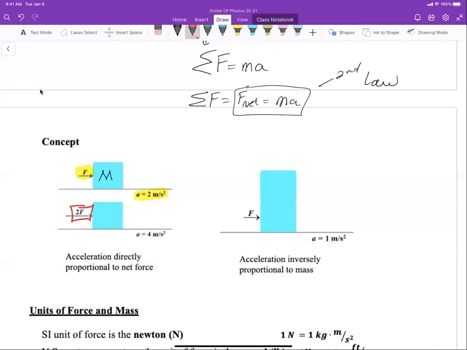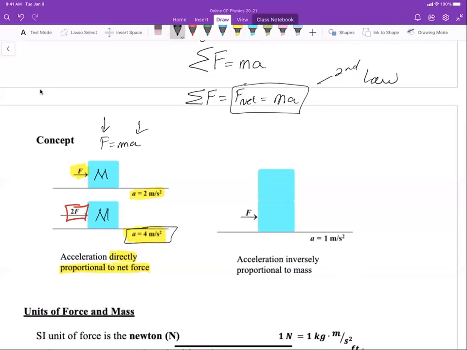Well, if the mass stayed the same, which it did, and force is equal to mass times acceleration, and I doubled the force, what happens to acceleration? Well, it has to double. So we call that directly proportional to the net force. So as the net force increases by a factor of 2, the acceleration has to increase by a factor of 2. They are directly proportional.